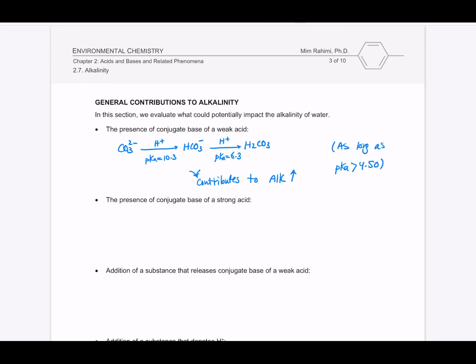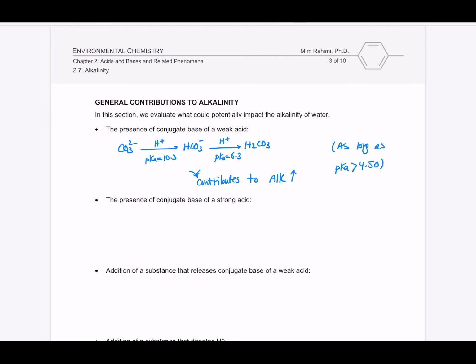So in the first lecture of acid base, we mentioned that for a weak acid, the pKa is bigger than 2, and all of them contribute to buffer intensity or buffer capacity, but only those bigger than 4.5 of pKa would contribute to alkalinity. Because the protonation of those with lower than 4.5 and bigger than 2 really doesn't matter, because we're not going to that region to be able to calculate for alkalinity.